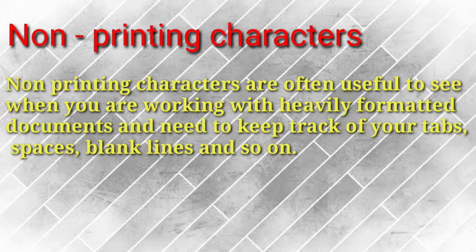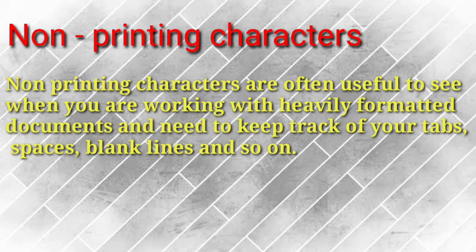You can define it like this: non-printing characters do not appear on paper when you print the document. However, you can see them in the software, particularly when you want to keep track of the spaces, the blank lines or the tab space which you give while writing your text in the document.